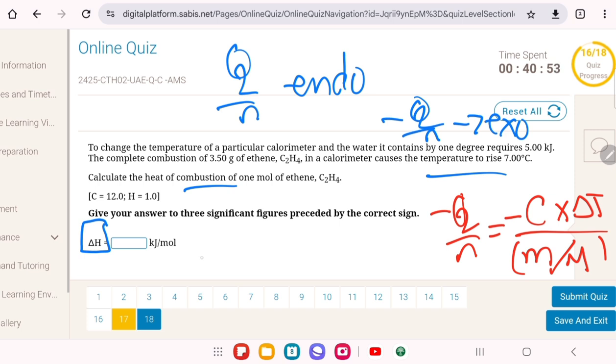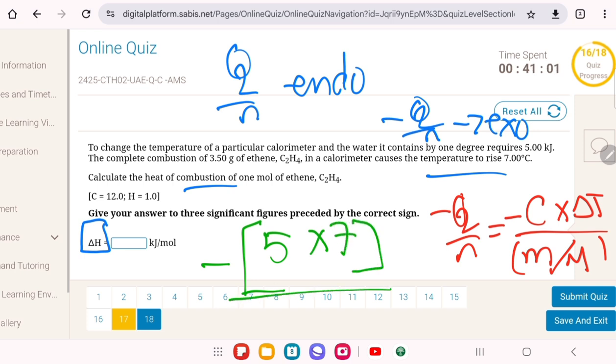We have minus 5 times 7 over 3.5 over the molar mass of C2H2, which is 12 times 2 plus 4, okay?